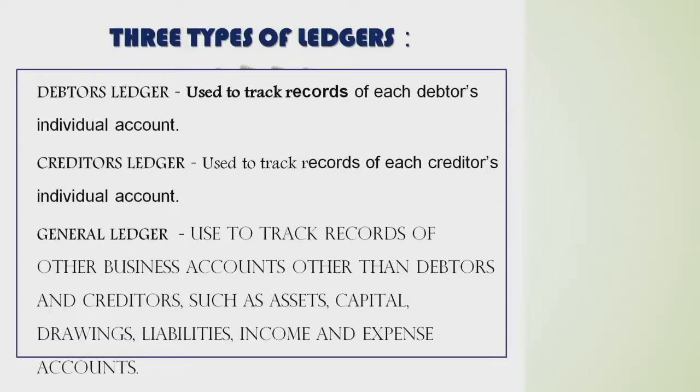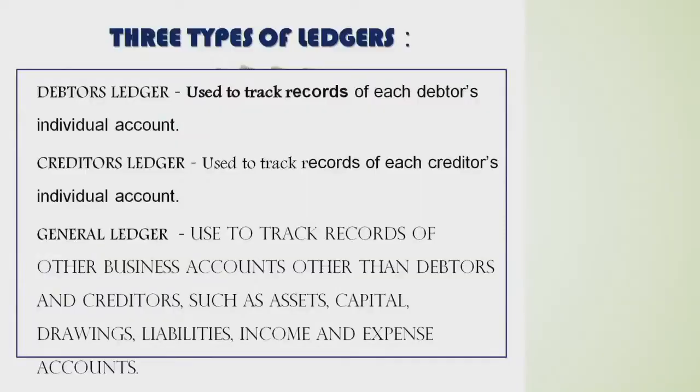All these accounts are the ones that are posted into the general ledger, except for the debtors information and the creditors information. Those are posted in the debtors ledger and the creditors ledger.